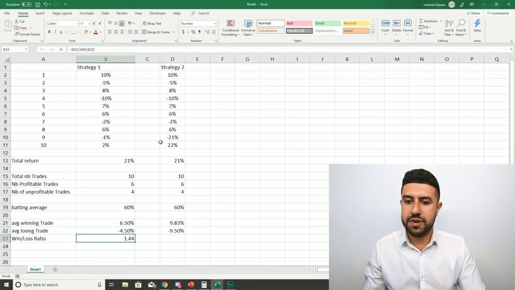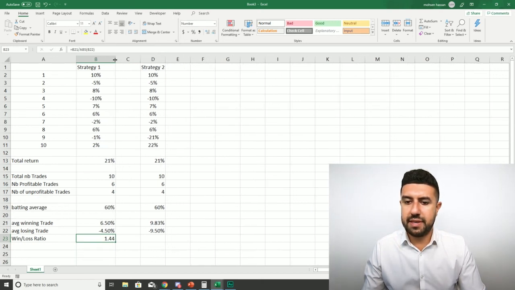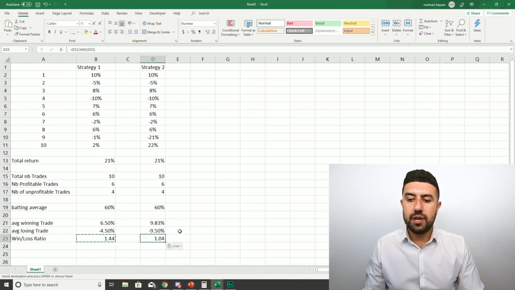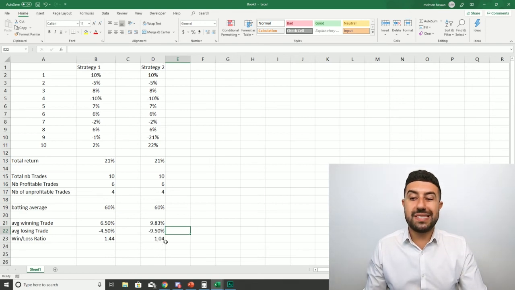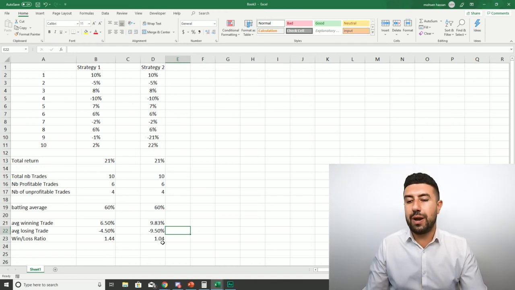So let's just put number here. The number I'm going to get here is 1.44. That means usually when I win, I'm winning about 1.44 times more than when I lose. For this strategy, my win-loss is 1.04. So when I'm winning, I'm winning about 4% more than when I'm losing.